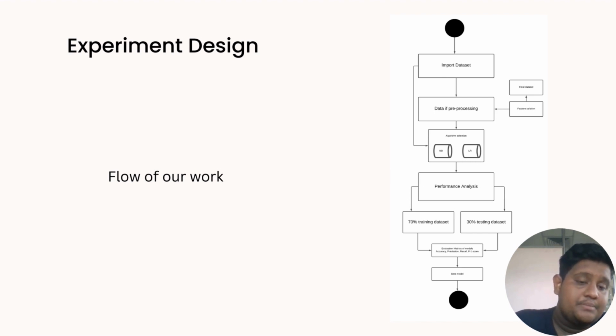Then we will get the performance analysis, but we will divide the huge dataset into 70 and 30 percent ratios. We will also try different ratios like 75-25 or 60-40, because we will test different ratios to get more accurate and more precise results.